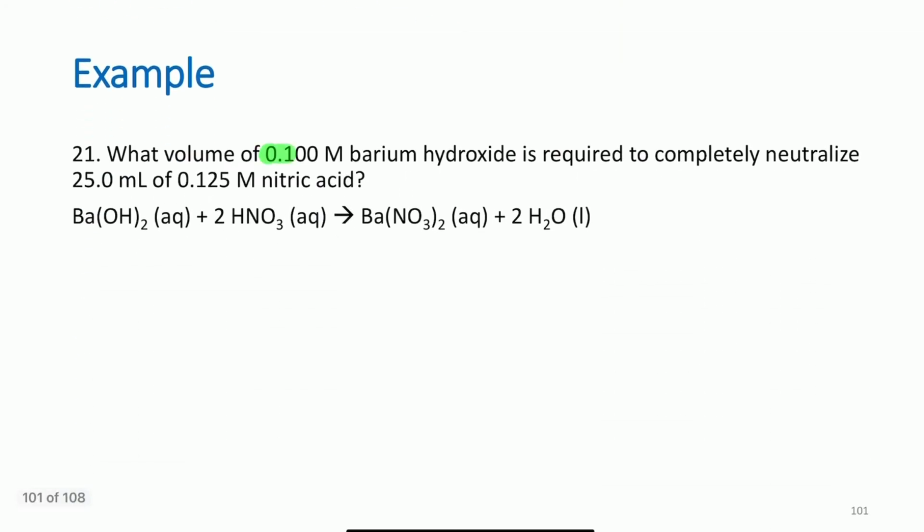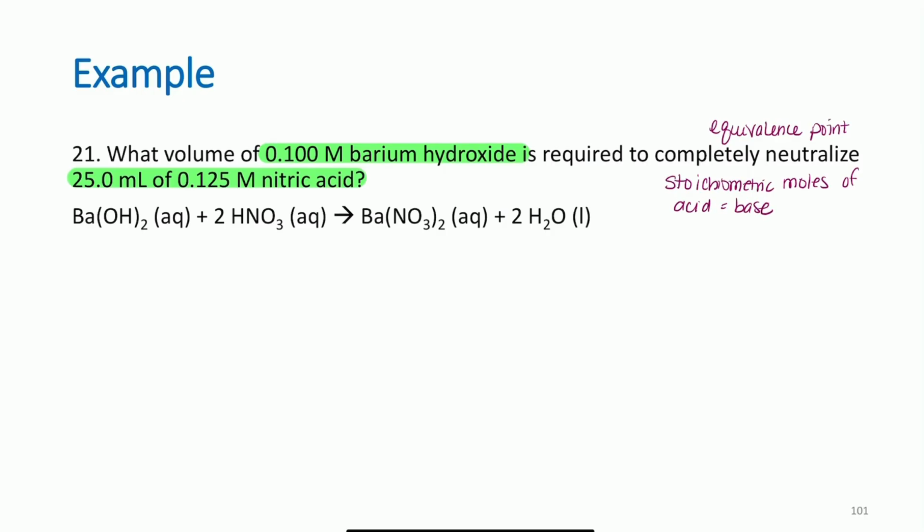What volume of a 0.1 molar barium hydroxide solution is required to completely neutralize, that means acid-base reaction, 25 mLs of a 0.125 molar nitric acid solution? It does give us the balanced equation. Completely neutralized means I've reached the equivalence point, which means stoichiometric moles of acid equal base.